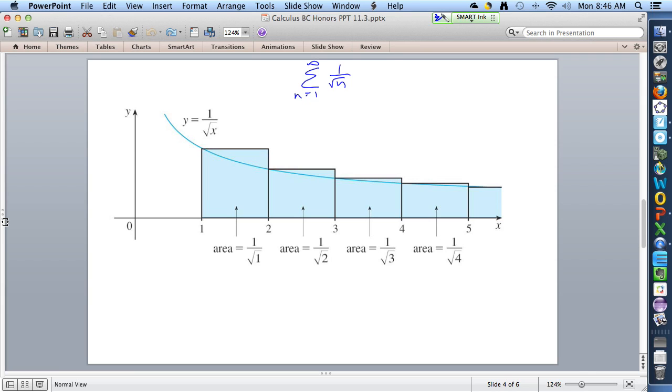Can you integrate n to the negative 1/2? Yeah. Okay, so this is poised and ready for the integral test. So go from 1 to infinity of 1 over root x, and take a couple minutes and tell me what you get. And then I'll be very specific about why in this case I decided to use right-hand rectangles.